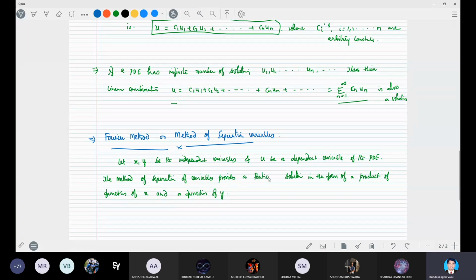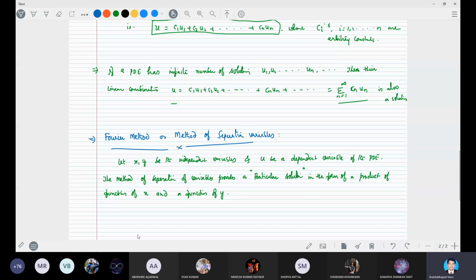We are using the conditions also, which means we are finding all the unknown functions or the arbitrary constants. So that results in a particular solution. So we can find a particular solution by the method of separation of variables, in the product of a function of x and a function of y alone.